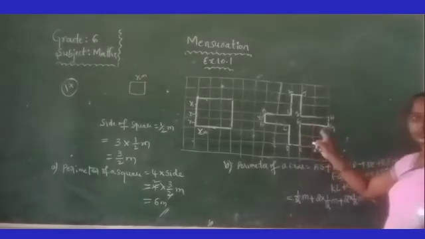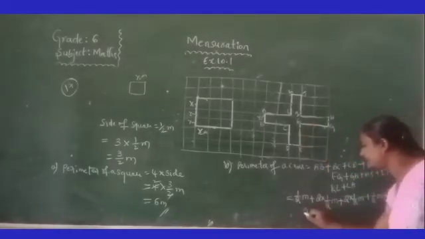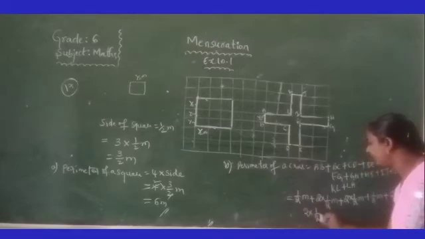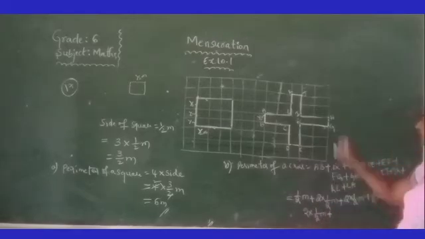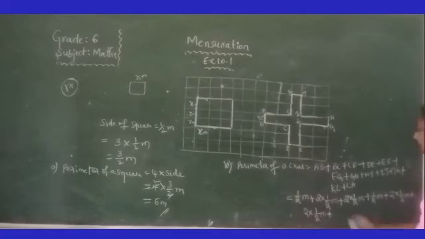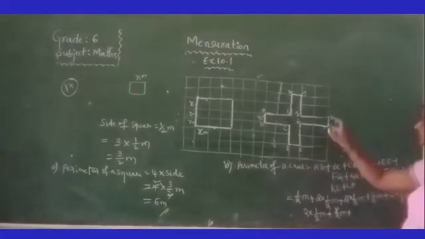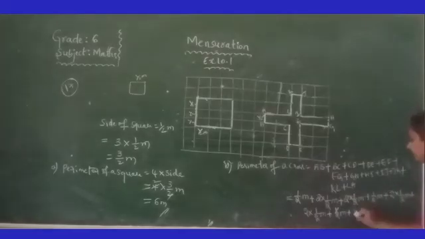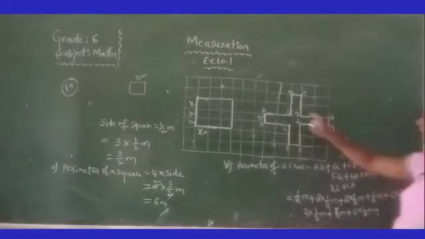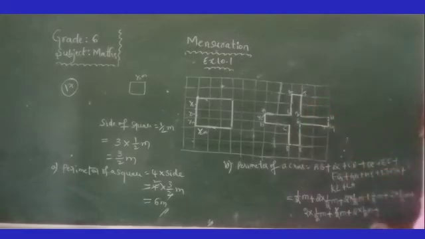How many slabs? 2, and one side is half, so 2 into 1 by 2 meter, plus GH. GH is only 1 by 2 meter, plus H to I, 2 slabs, that is 2 into 1 by 2 meter. Again I to J, 2 halves, that is 2 into 1 by 2 meter.